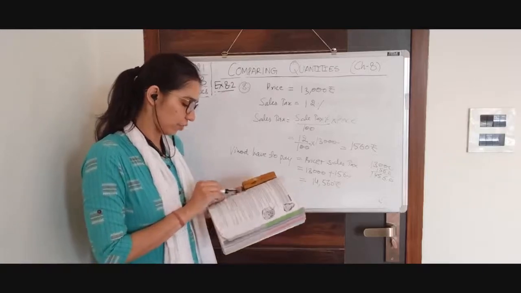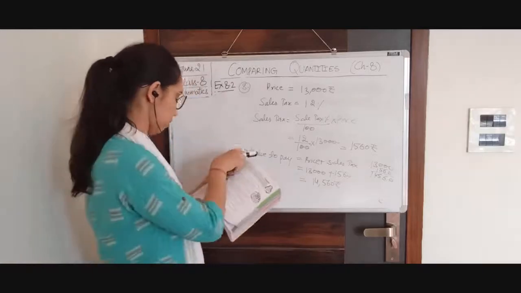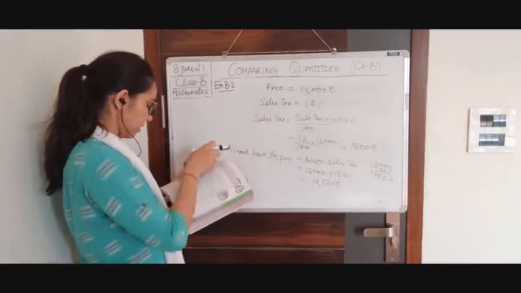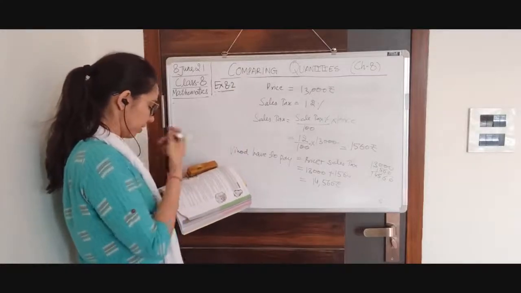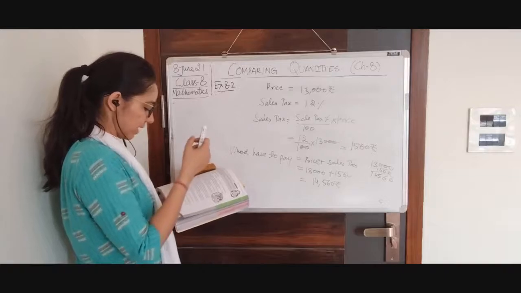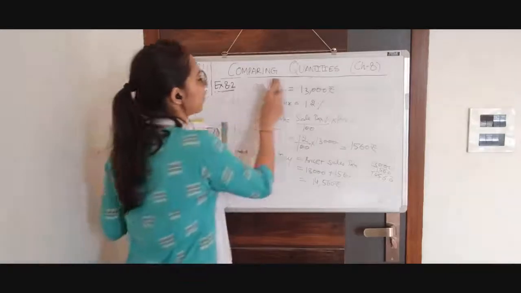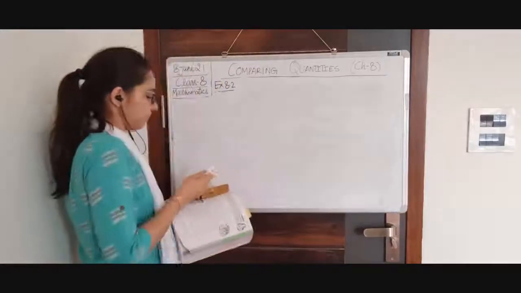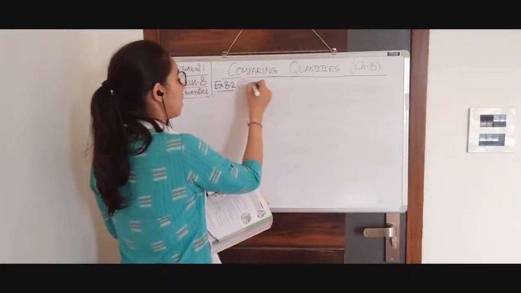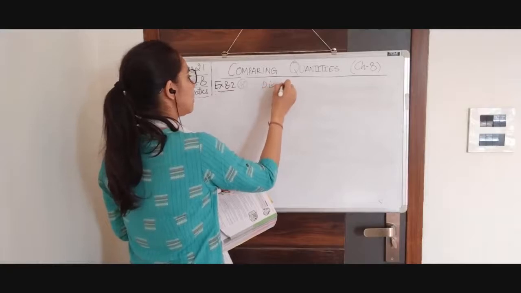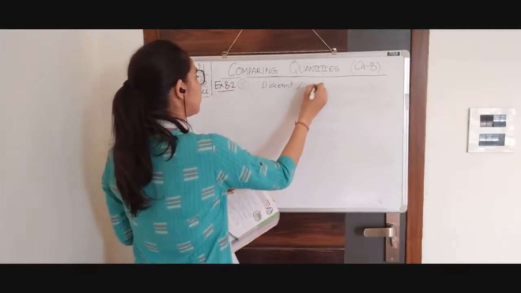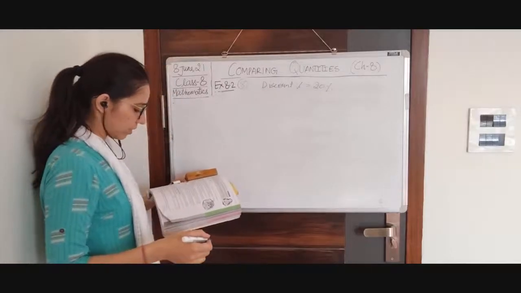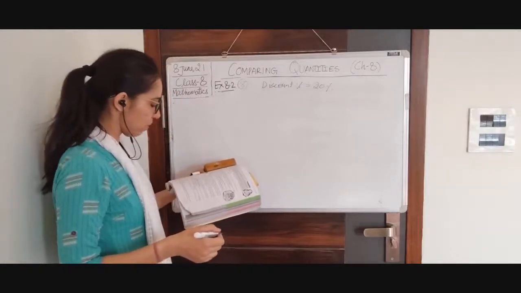Question number 9 is also related to discount. Question number 9 says that Arun bought a pair of skates at sale where discount was 20%. Discount percentage given is 20%, and if you remember, discount is given on mark price.